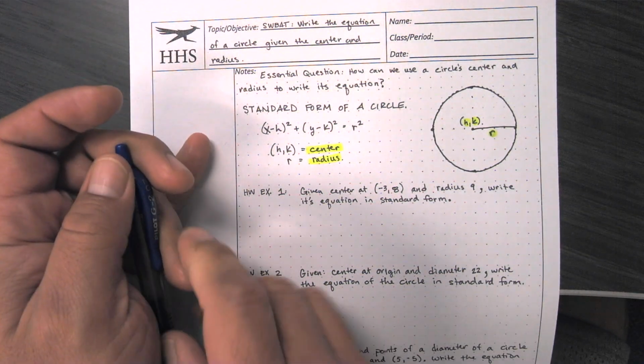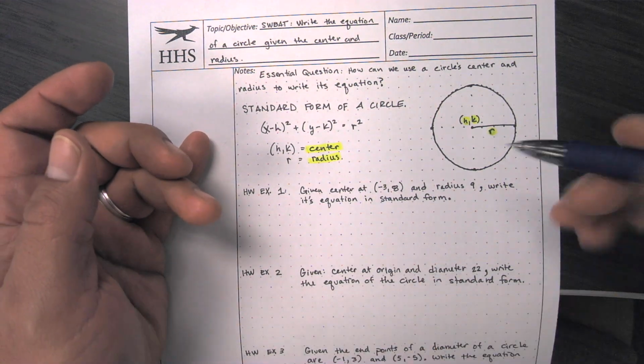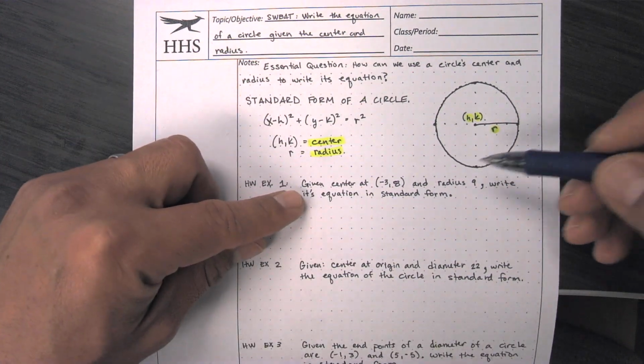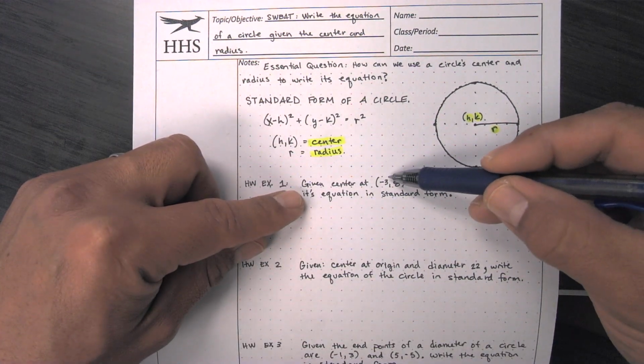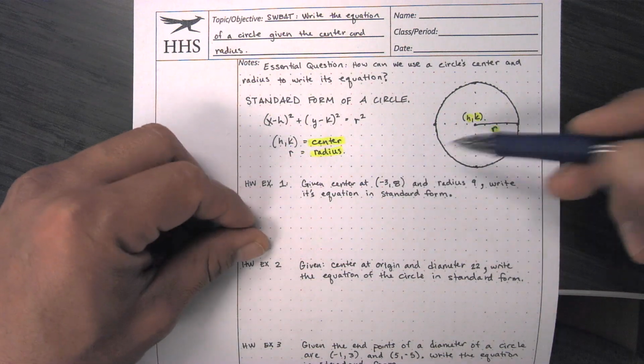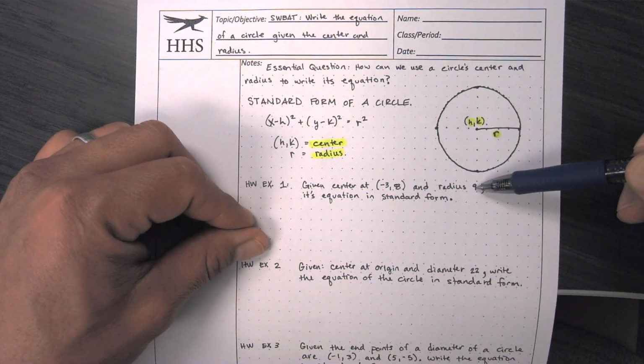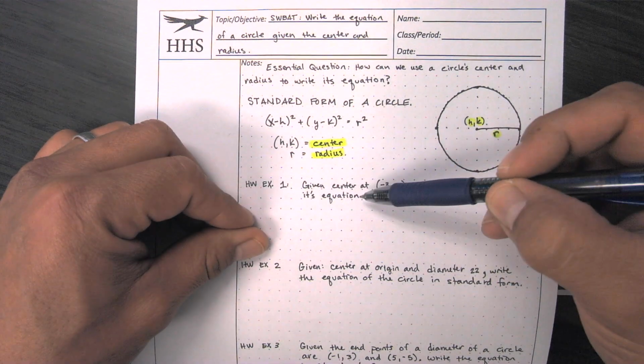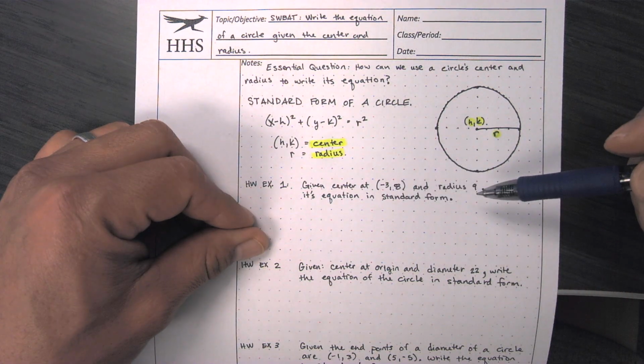Homework example number 1 says, given the center, which is at (-3, 8), and the radius of 9, write its equation in standard form.